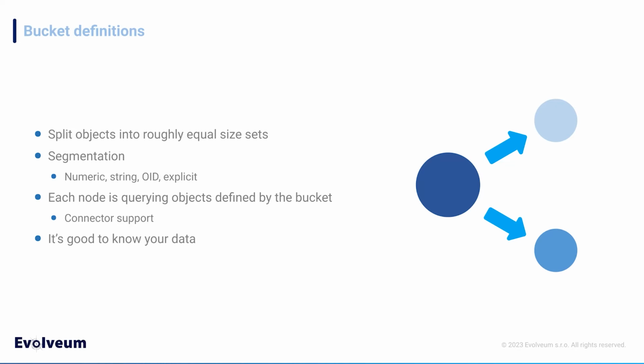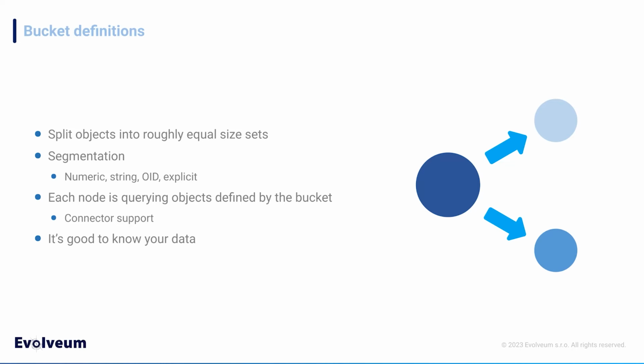You can do something similar with strings. So for example, let's split it based on the first letter of the username of the users, or the first two letters, something like that. With OIDs, basically an OID is just a string, but some kind of limited string, so it's using the same principle, or you can even put a custom formula there.